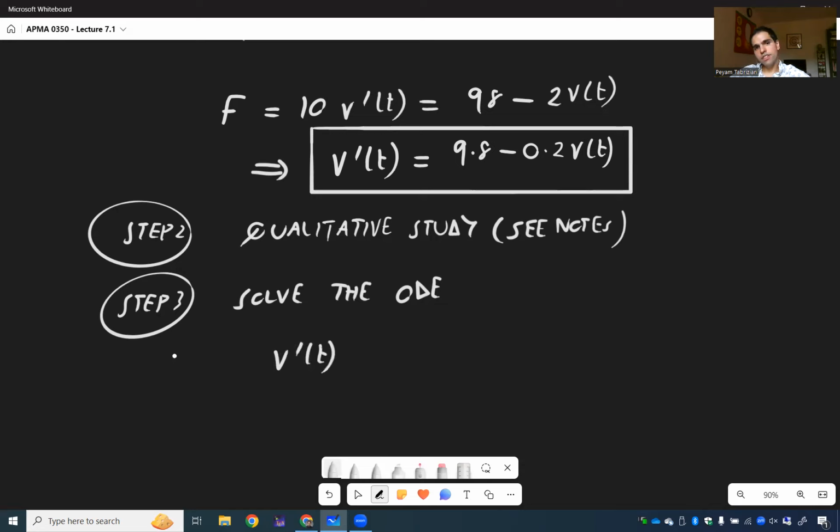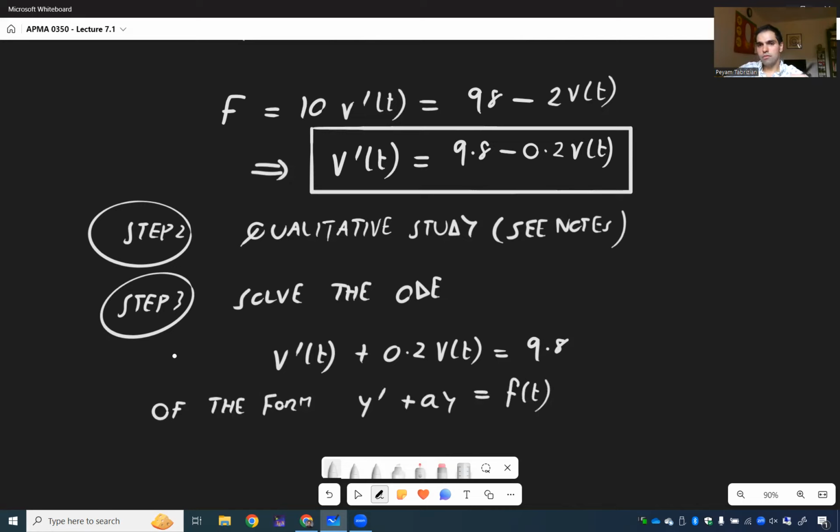Because notice we have v prime of t plus 0.2 v of t equals 9.8, which is precisely of the integrating factors form. So of the form y prime plus ay equals f of t.